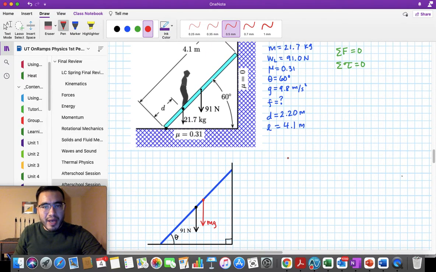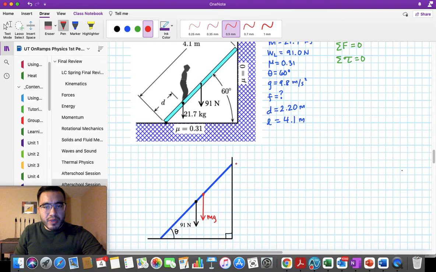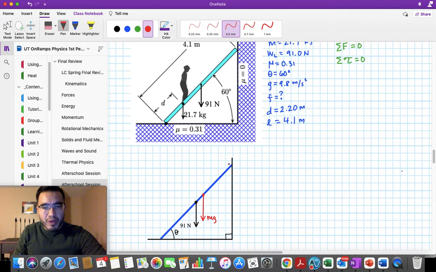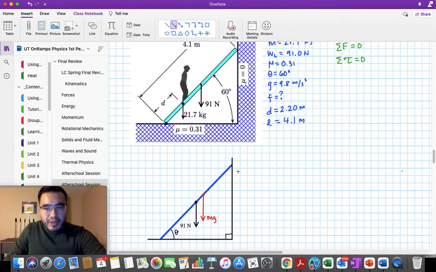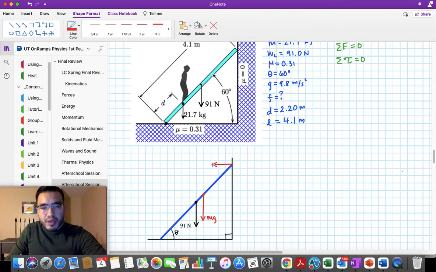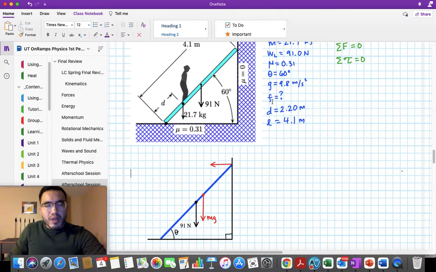And then we have to list all the forces. We have the force of the wall here. It's in contact, so I will add a vector which represents the force of the wall.